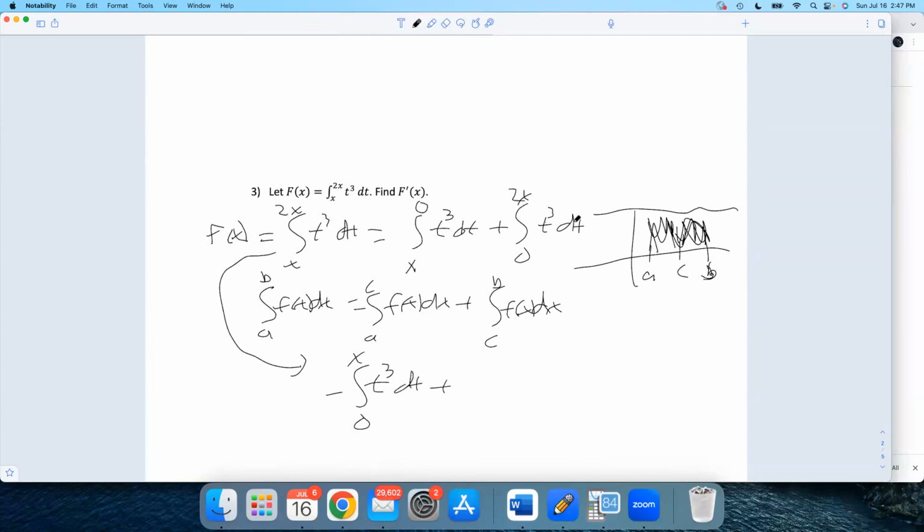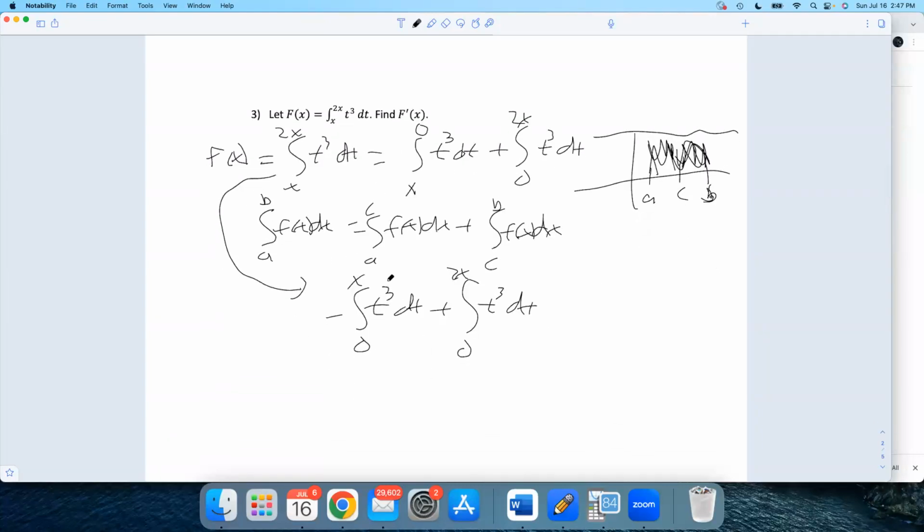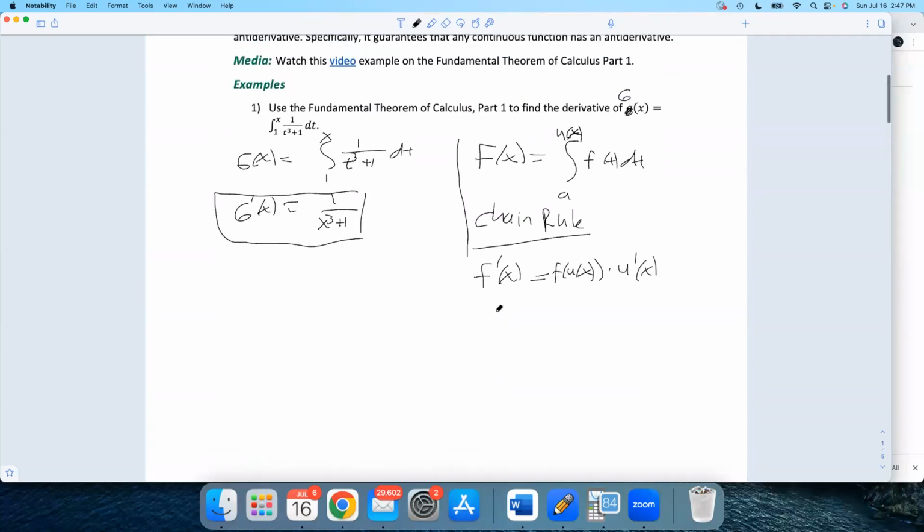And I'm going to leave this second guy alone because he already looks the way I want him to. Now they both look the way I want them to look. They both look like this. They're both the integral from a number up to a function of x, and then some integrand involving t.